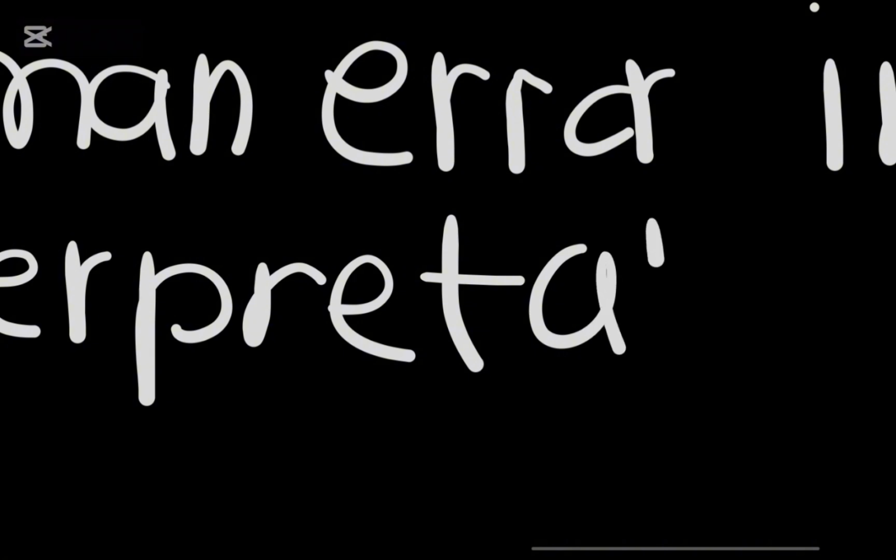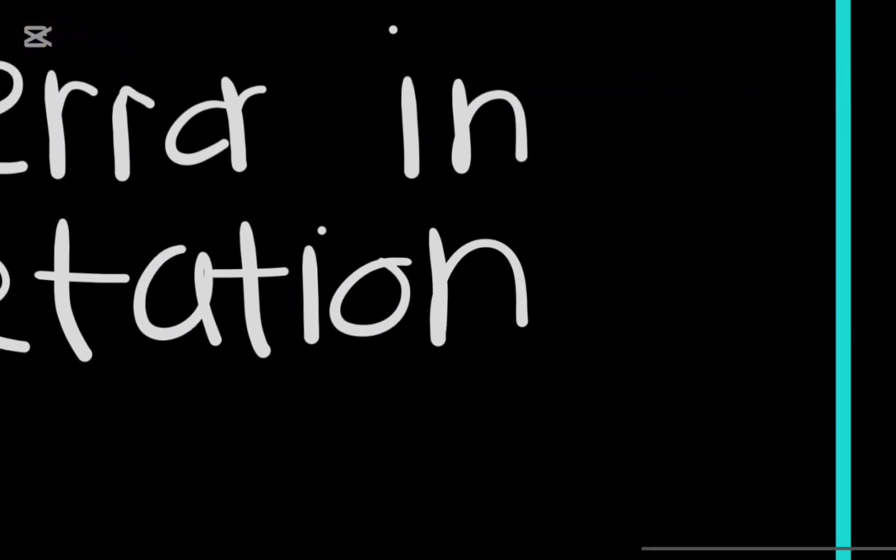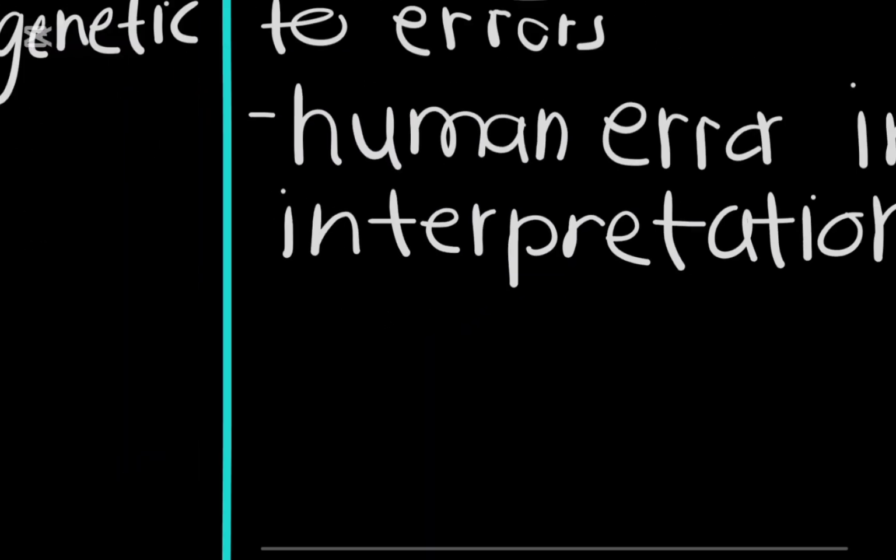This means that scientists can interpret DNA profiles wrong, as in when they're trying to read the bars and their compatibility, something could go wrong. They're messing up the results.